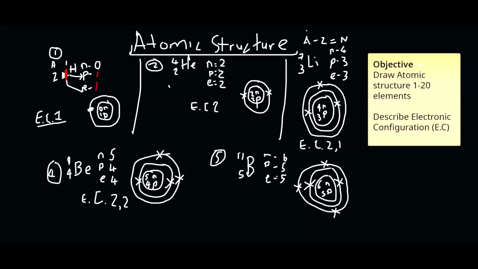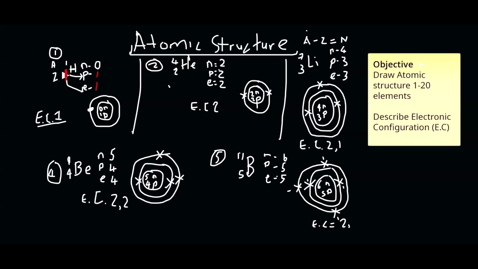So 1, 2, 3, 4, 5. And then we're gonna write the EC. So our EC equals, what's the EC? 2 and 3. Good, so 2 and 3.